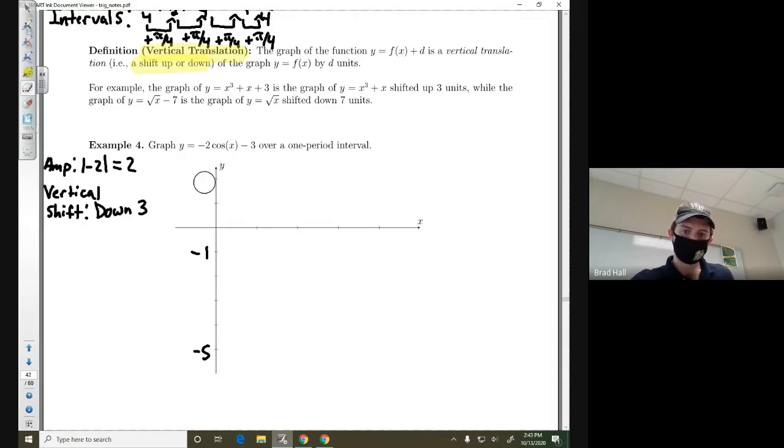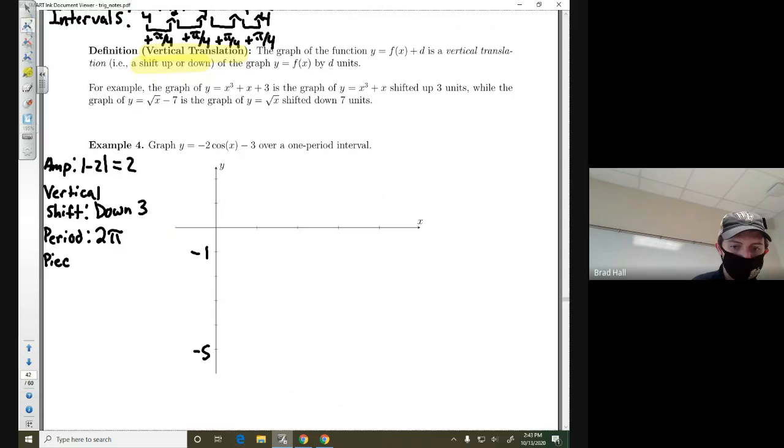So that's the new stuff. From there, everything else is going to continue as before. So the period is just going to be 2 pi because there's nothing multiplying the x.